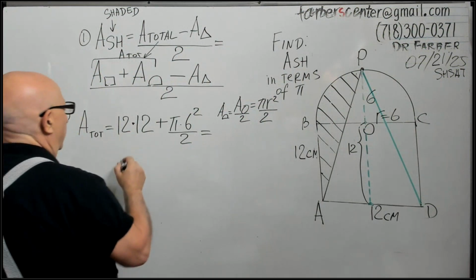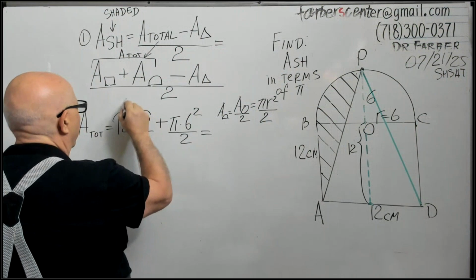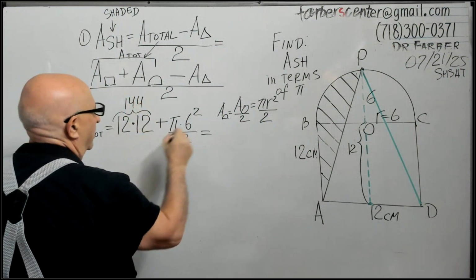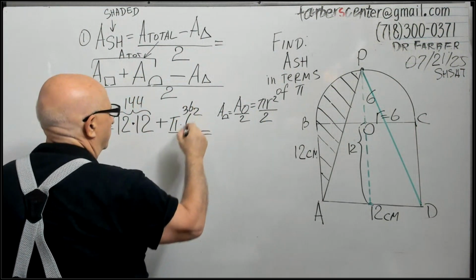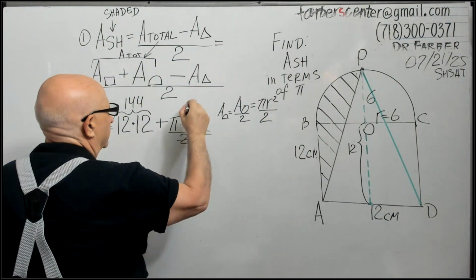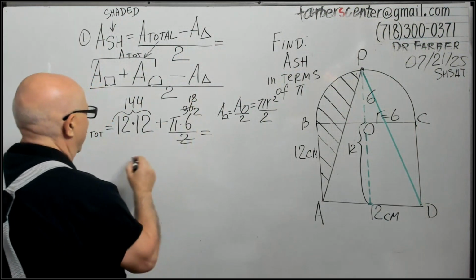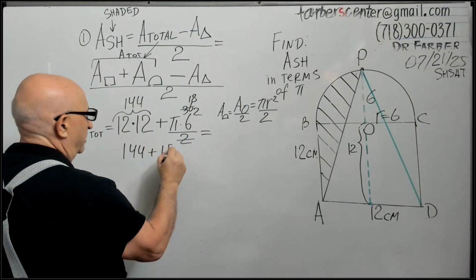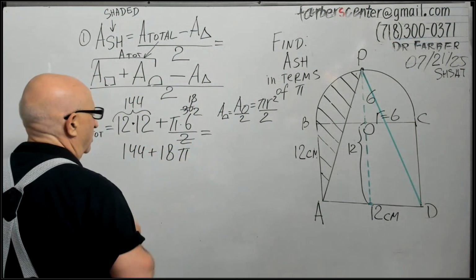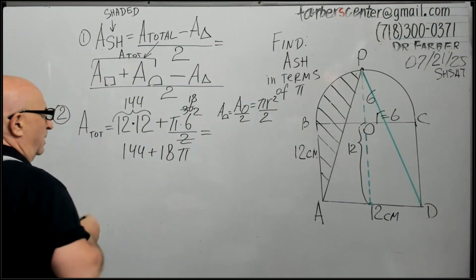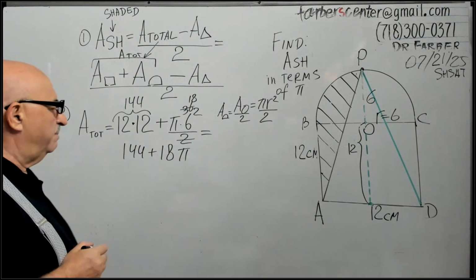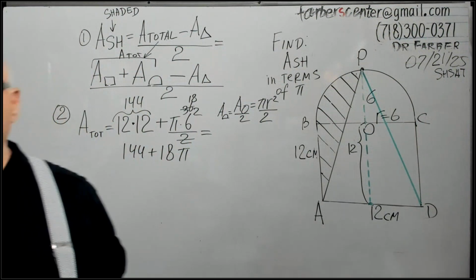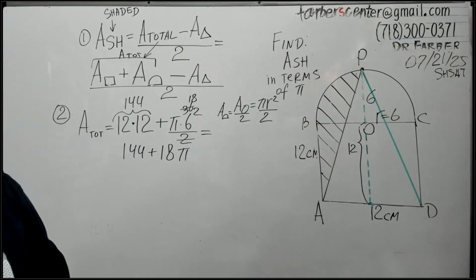What is it? It would be 144. 6 squared is 36. 2 goes into 36 18 times. And get clear here: 144 plus 18 pi. This is my total area. Understand this, 100% students?